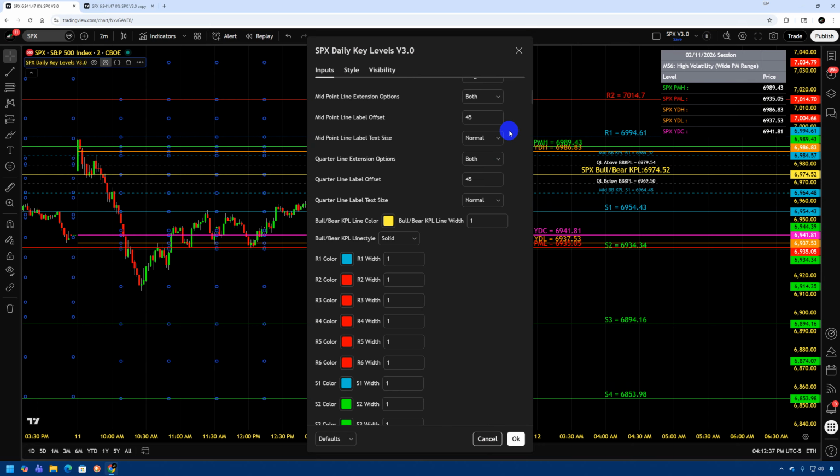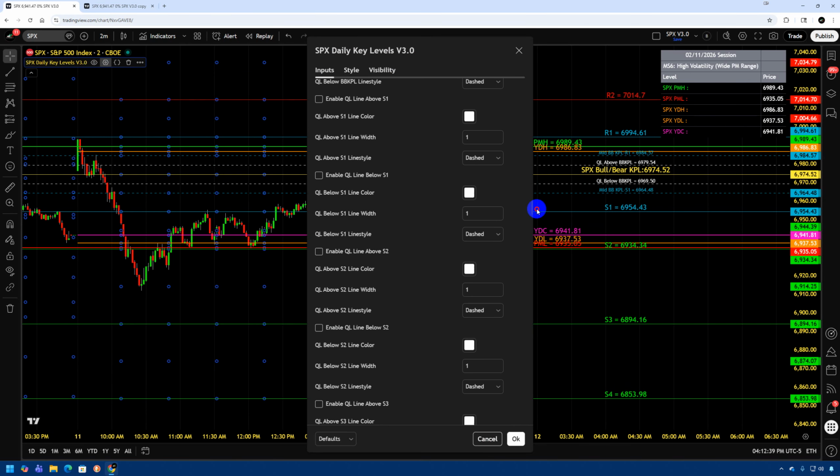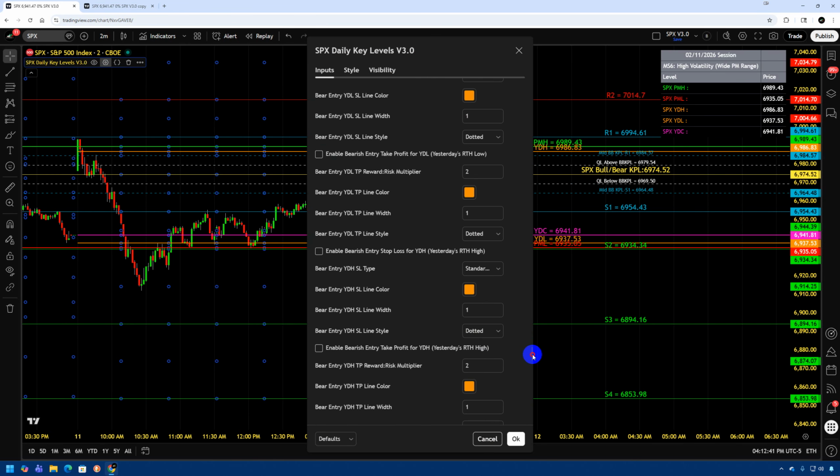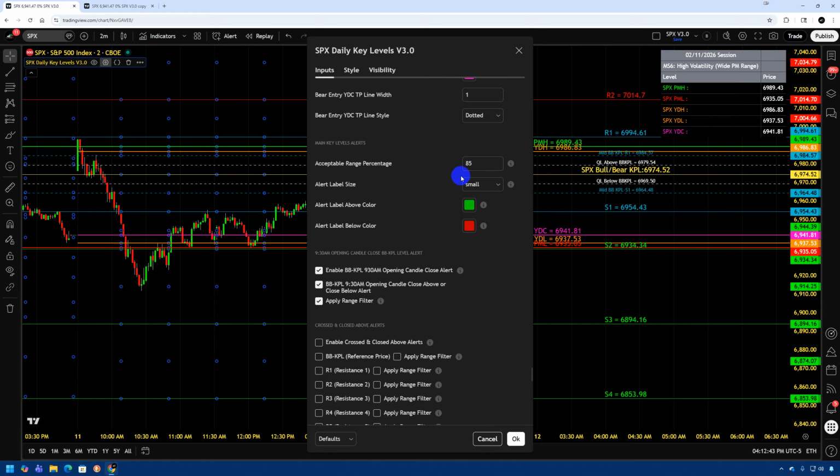But let's go ahead and turn on the alert, and we'll put it at a higher level just so you can see what the label looks like. So we'll go to 95%, see if that works. Or let's just go all the way up to 98%.